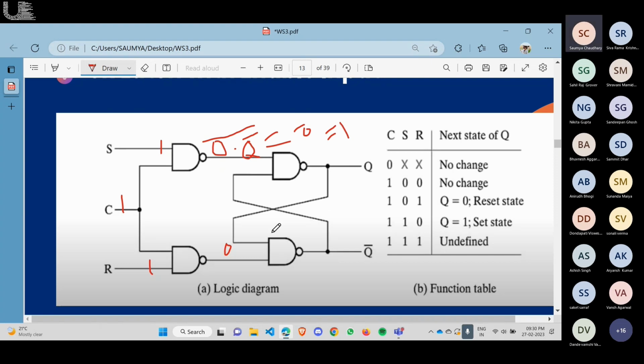And if you do the same thing with this Q prime, here also we will get 1. But we shouldn't get this. We should get the prime of Q, but we are getting 1 and 1. So it is the undefined state for that.